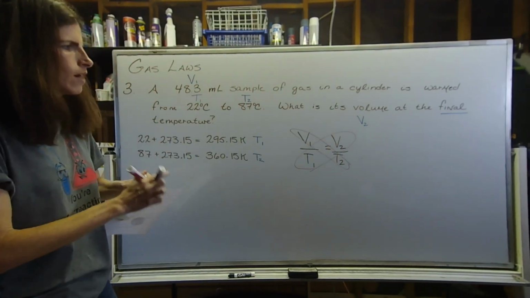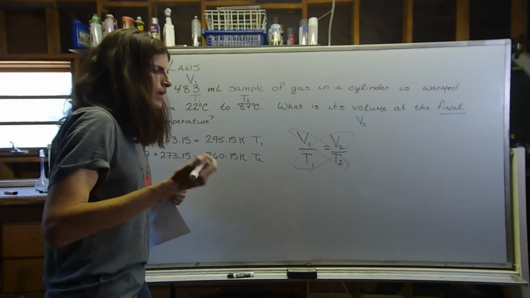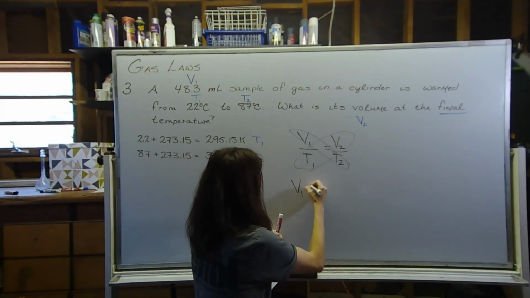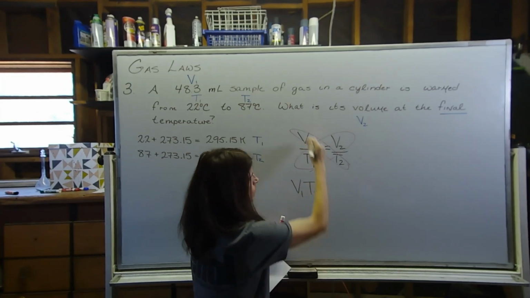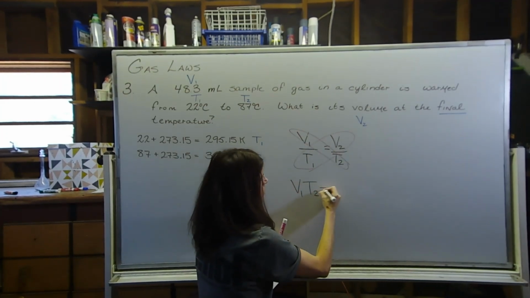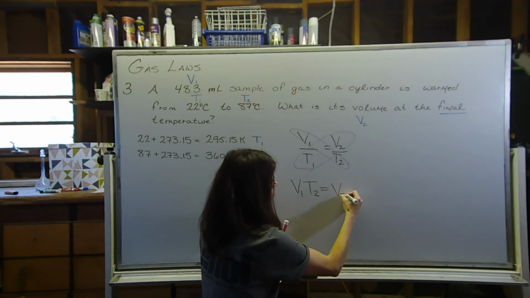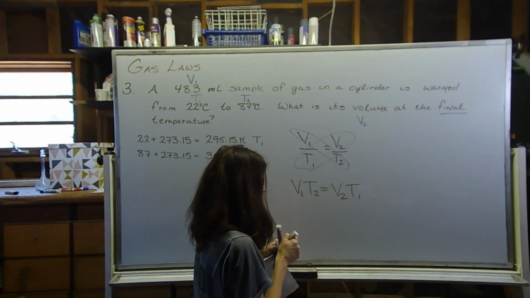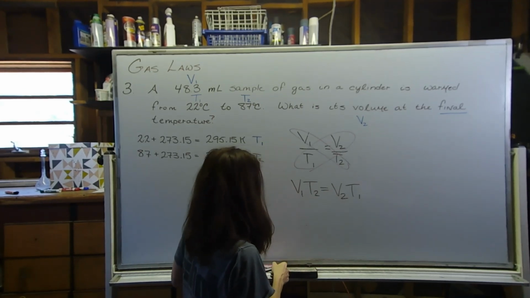So when I cross multiply, I'm able to rewrite this as V1 T2, because I'm going on the diagonal, equals V2 T1. And now I don't have to worry about the algebra of fractions.